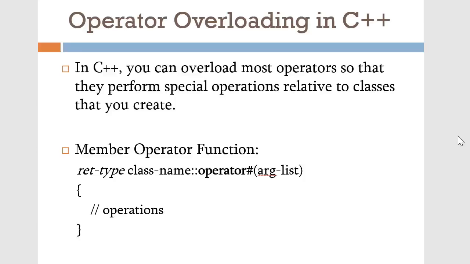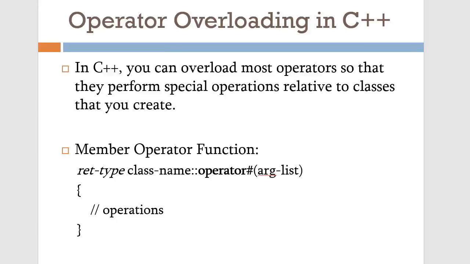So if you want to add two objects, then this plus operator can be used accordingly. Typically this plus operator adds two variables, but now as per your need you can add the content of two objects directly using that plus operator when you overload it.